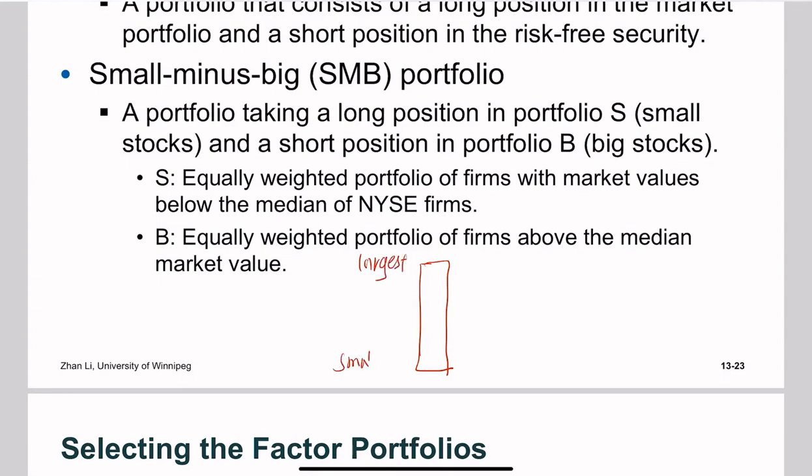This is the smallest stock. So you will rank all stocks according to their size, from the largest one to the smallest one. Then you will find the guy in the middle, right? The size in the middle.